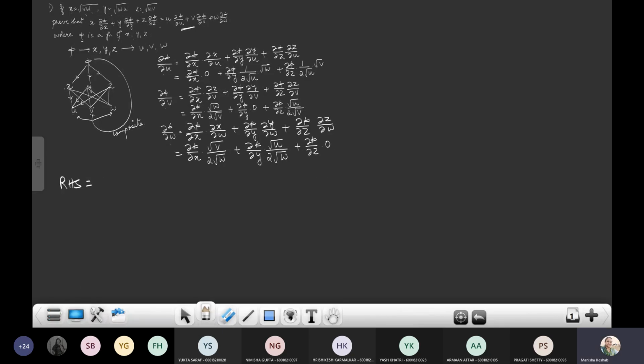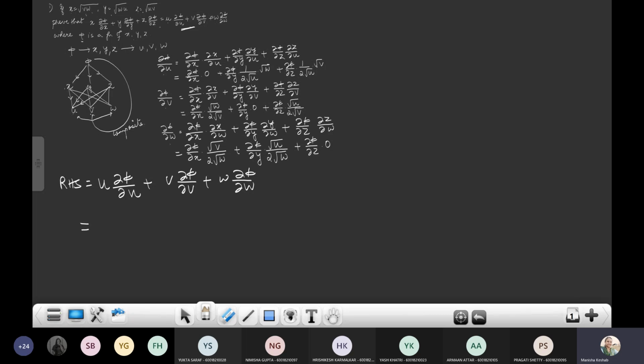So right hand side is equal to u into del phi del u plus v into del phi del v plus w into del phi del w. So now let us write it. Here what you can do, because we are supposed to first multiply with u, v, w respectively, and then we are supposed to add.